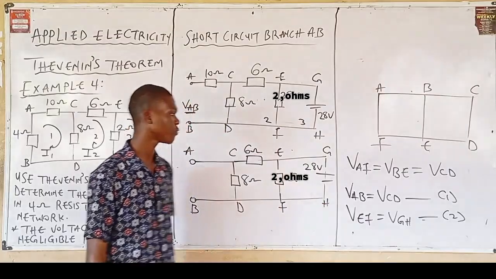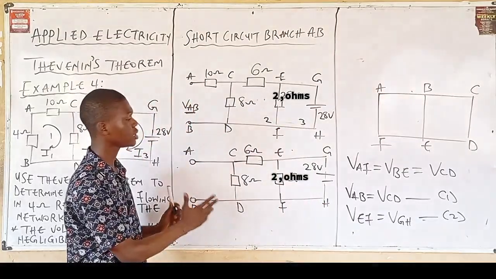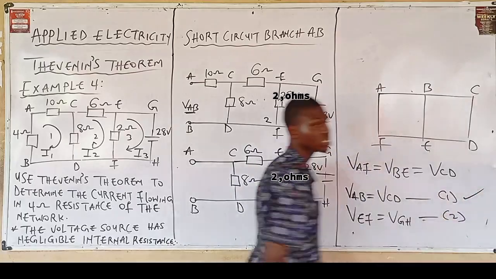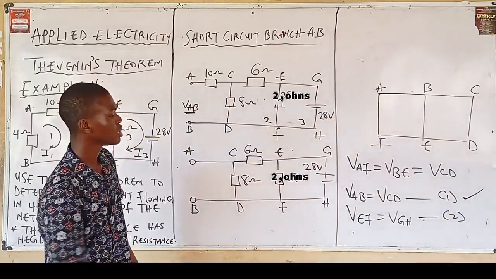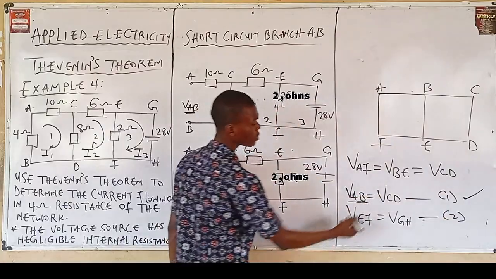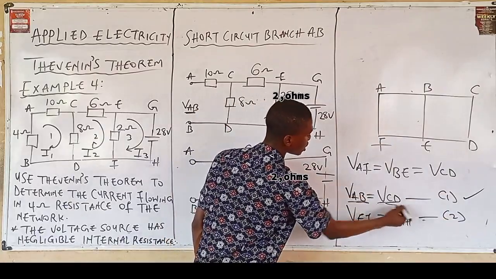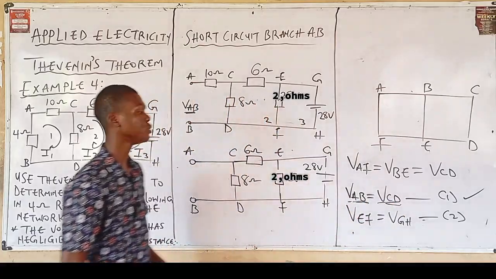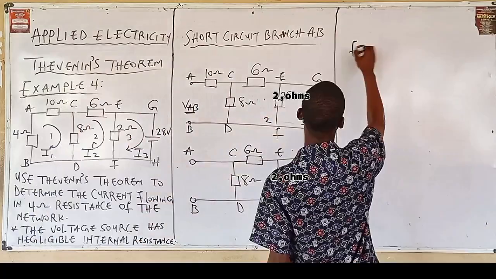Now let's solve. In this case, I'm interested in equation 1, since from equation 1 I have VAB. By the time I know the value of voltage of CD, then that value is equivalent to branch AB. Now, let's see how it works.